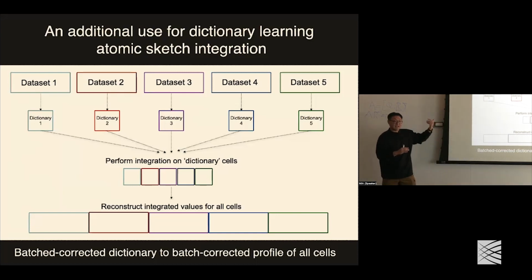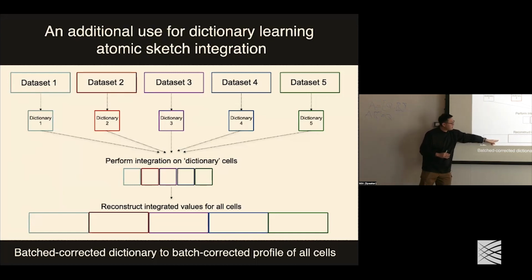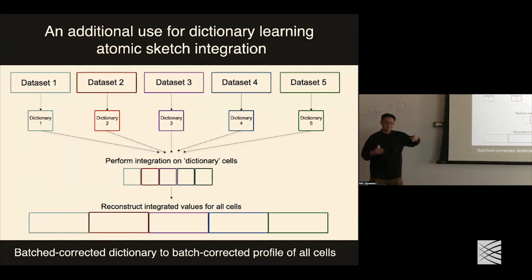Then we use the same index to reconstruct the batch corrected gene expression profile for all the cells. So the computationally intensive steps are applied on the dictionary, and we efficiently propagate the result back to the full data. That is our rationale.